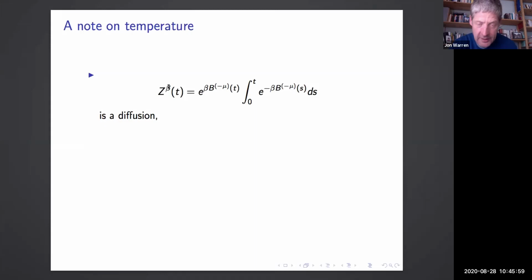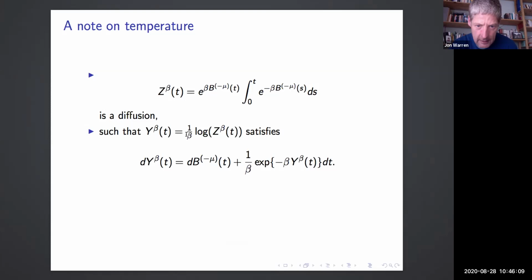So now all I'm doing is putting a parameter beta in, which of course is familiar to most of you. It's just appearing in front of the Brownian motion. And then if you take logarithms of it, actually I said that Z was an analog of the reflected Brownian motion. It's not quite, it's log Z that's the analog of the reflected Brownian motion.